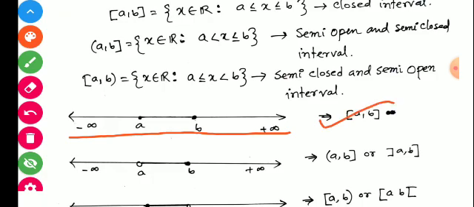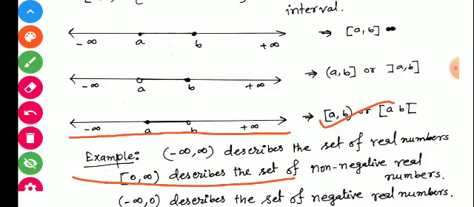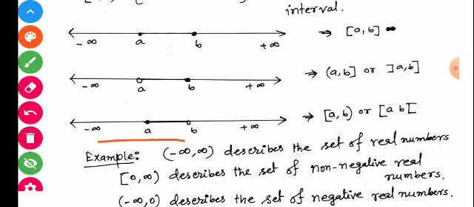This is a closed interval. This will be semi-open and semi-closed, and the next one is semi-closed and semi-open. Another way of writing this: this is a closed bracket and this is an open bracket.